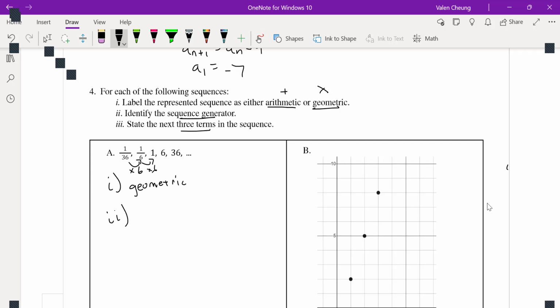Part 2, the sequence generator is multiply by 6. And the last part, next 3 terms, 36 times 6 is 216, times 6, 1296, and that times 6 again is 7776.